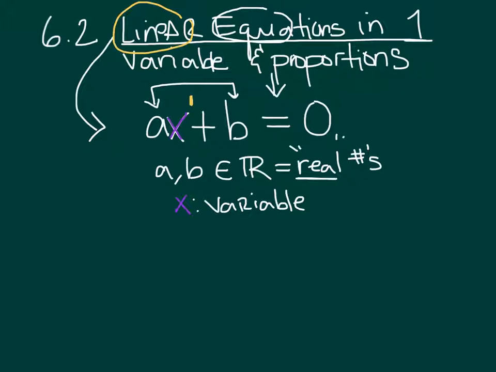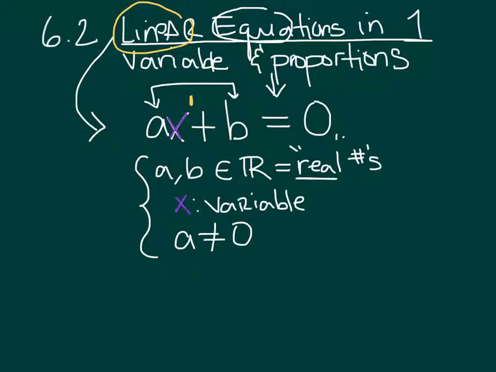One more thing I do want to point out, so maybe I'll write a couple of bullet points here. a cannot be equal to 0. Anytime you see in a math book that something cannot be 0, the smart question to ask yourself is, why can't it be 0? Well, what if it is 0?